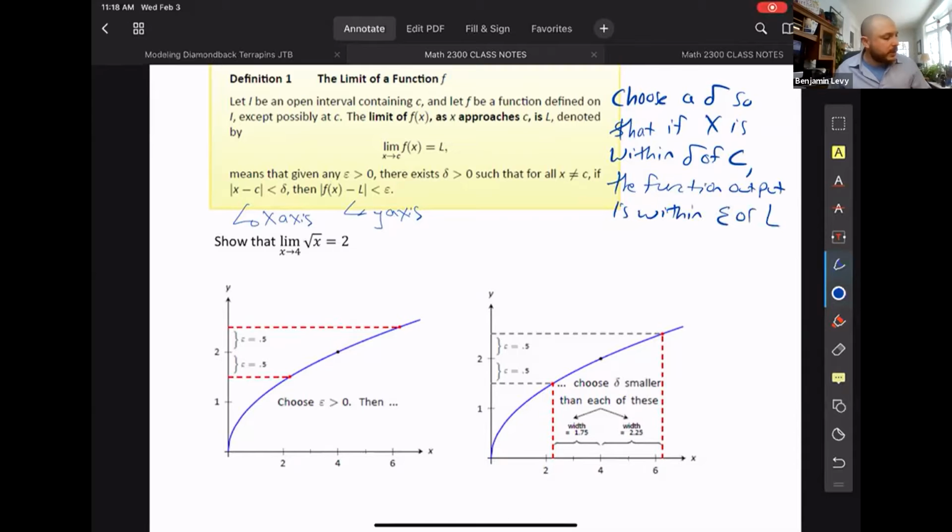So these are the abstract general statements we make in math to say what a limit is.